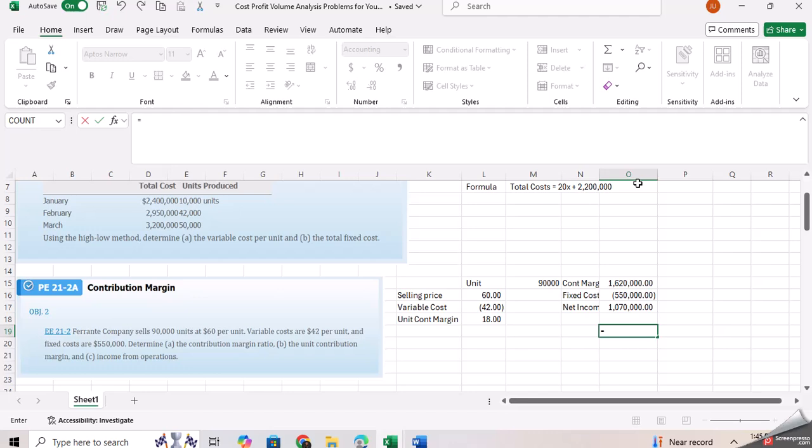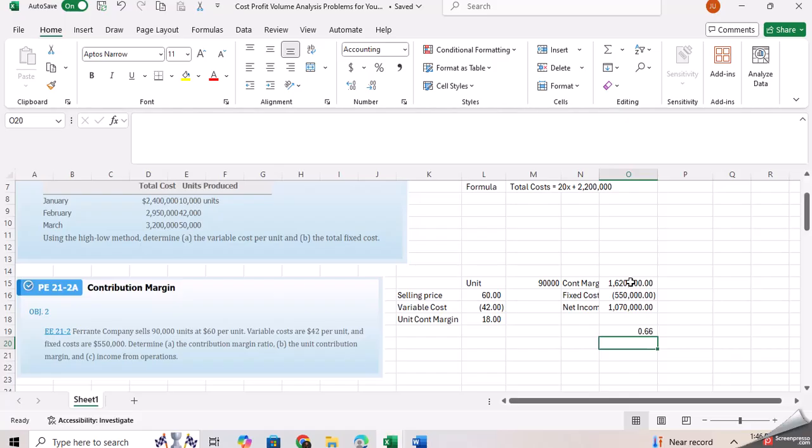So if we take our net income divided by our contribution margin, is that correct? I did number 3. All right, let me double check my formula there.